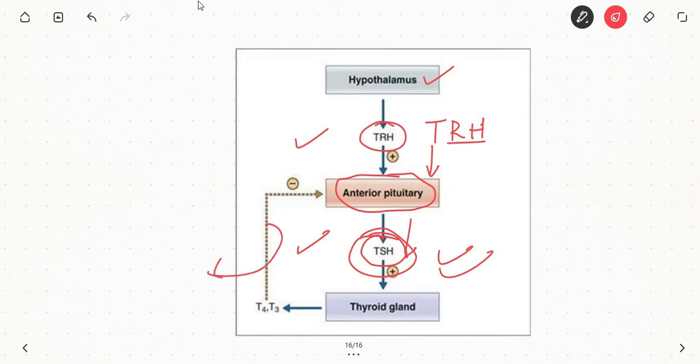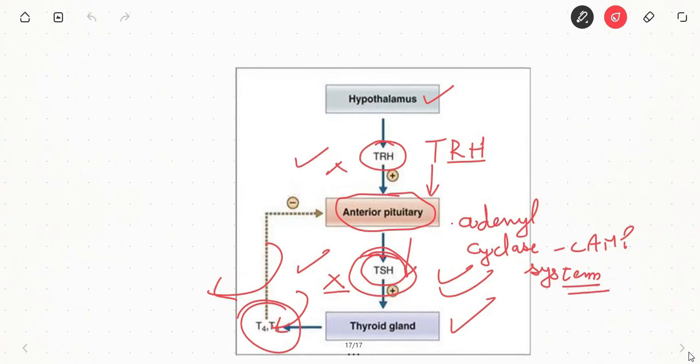When the thyroid hormone levels are too high, less TRH and TSH are secreted, which reduces hormone production by the thyroid. The TRH acts on the anterior pituitary to release TSH via the adenyl cyclase cAMP system.